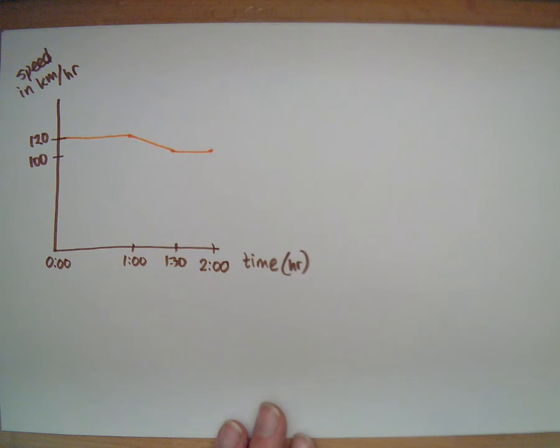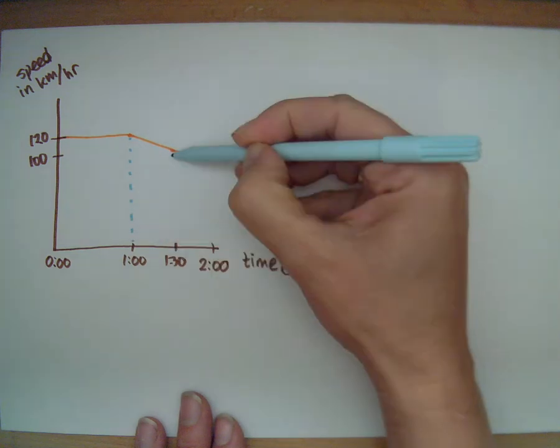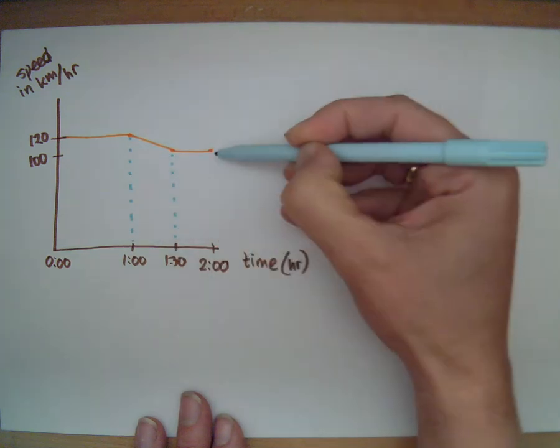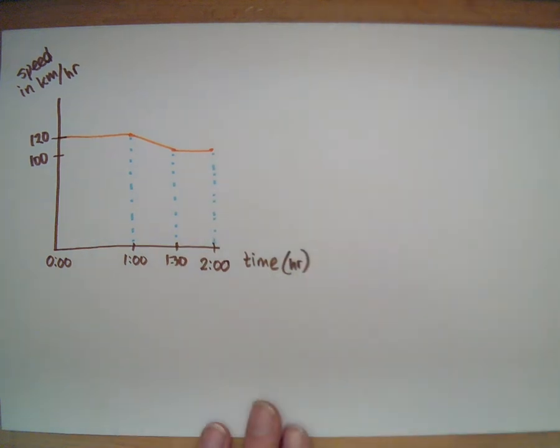Okay. If we want to know how far we traveled, let's think about that. Let's divide our graph up into 3 sections because we can identify 3 separate sections there. Let's find out how far we traveled in this first hour.